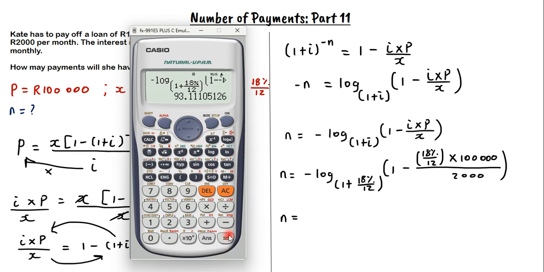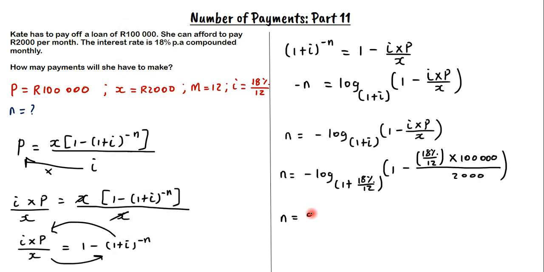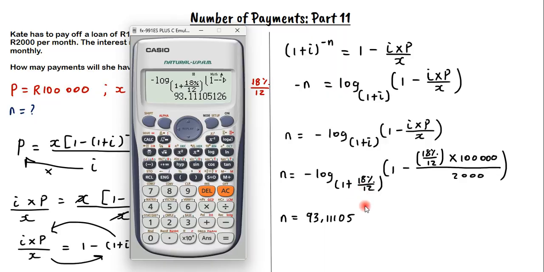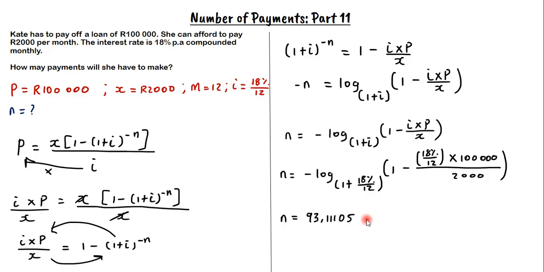Now let's see what that gives us. Here we're getting 93.11105126. So this is the answer that we get.